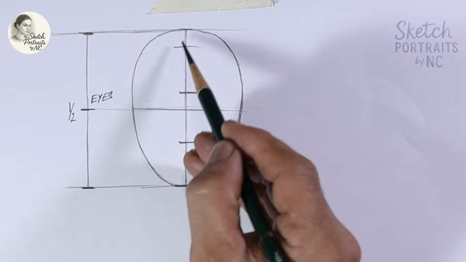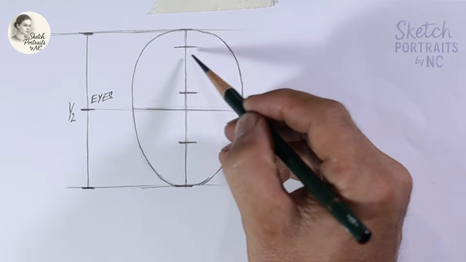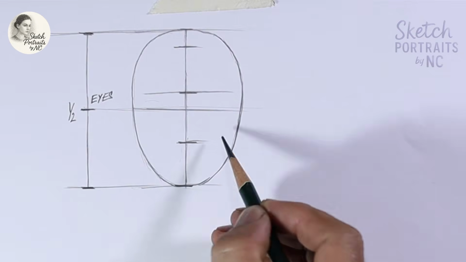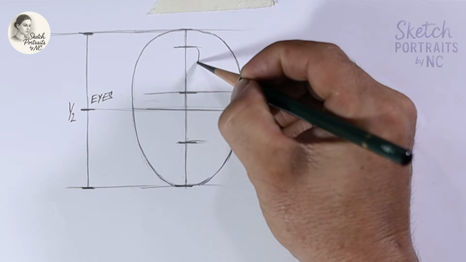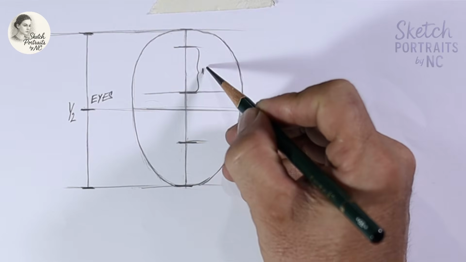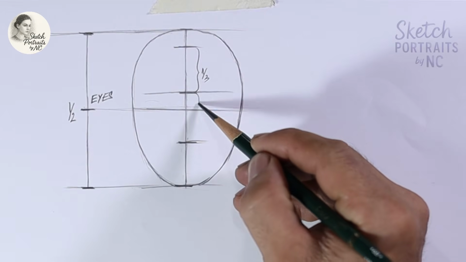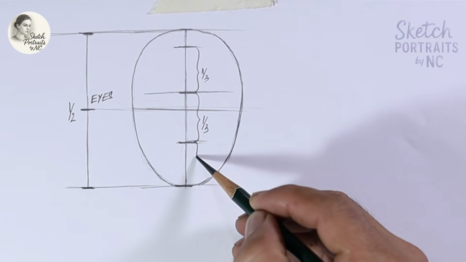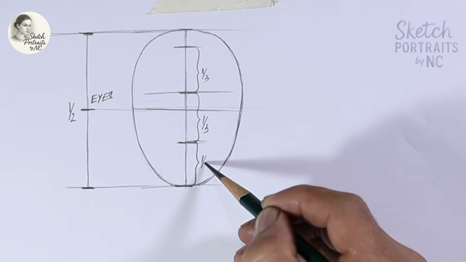Next, from the hairline to the chin, divide into 3 equal parts. Part 1. From the hairline to the eyebrows. Part 2. From the eyebrows to the base of the nose. Part 3.